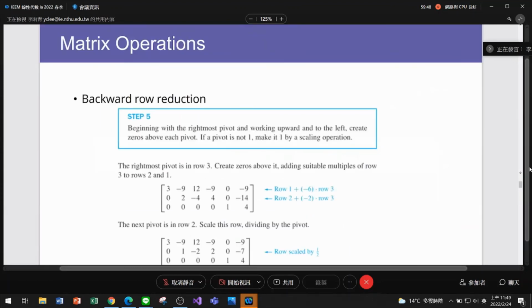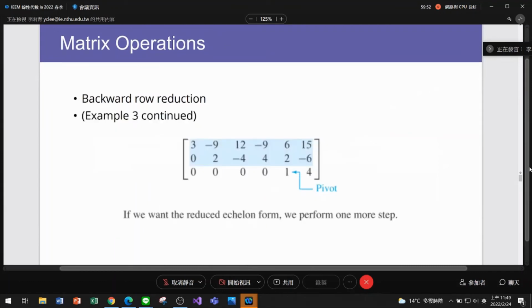And here's an example of how we continue from the previous example. Example 3 continued. This is the previous example where we have identified 3 pivots, but it is not yet a reduced echelon form. If we want the reduced echelon form, we can perform one operation which is called backward row operations.